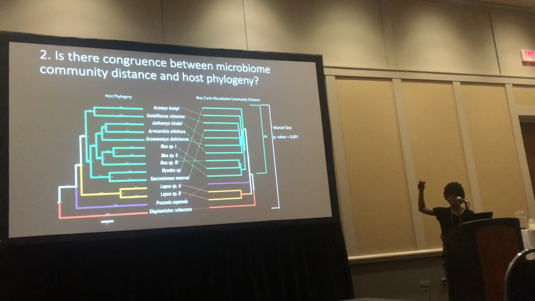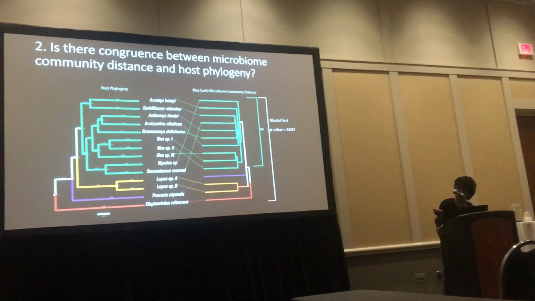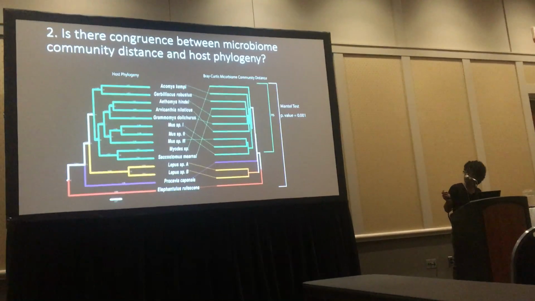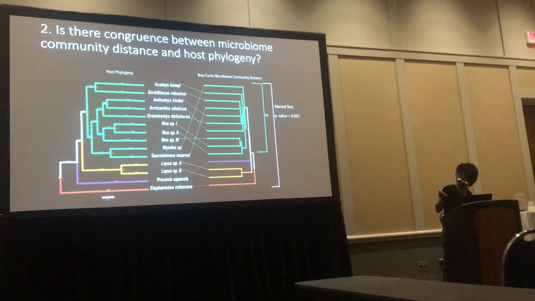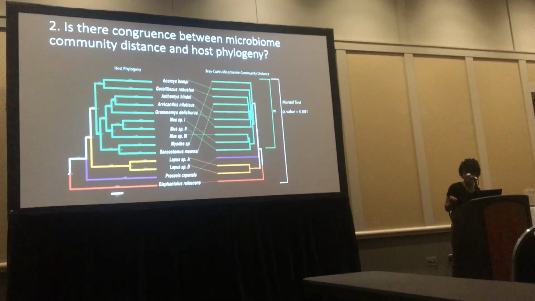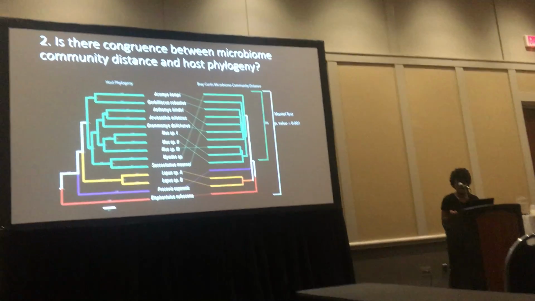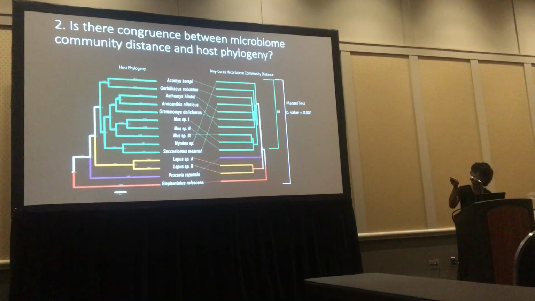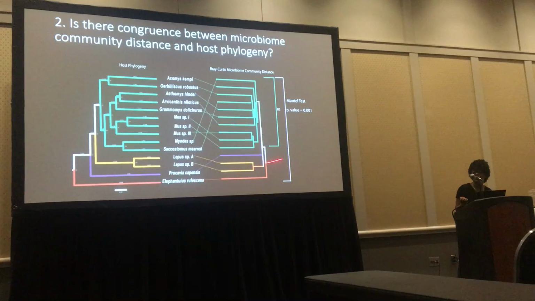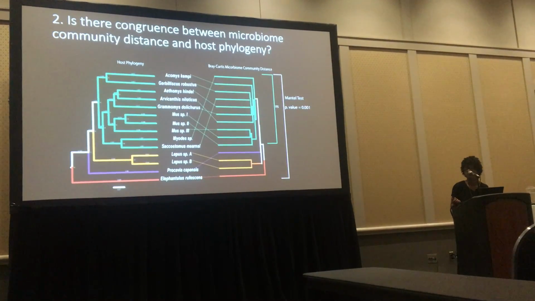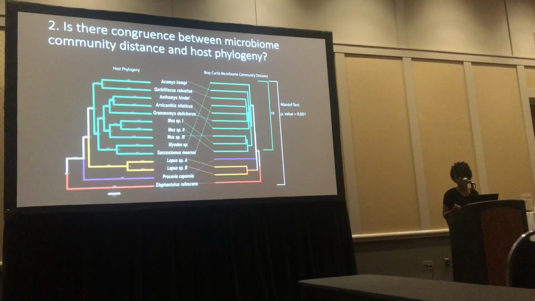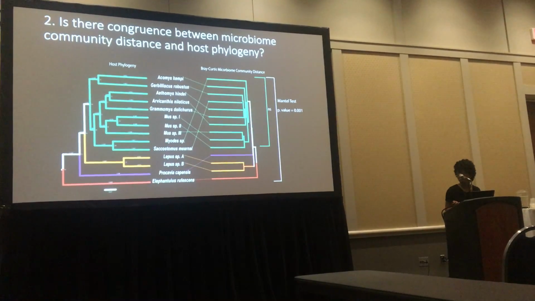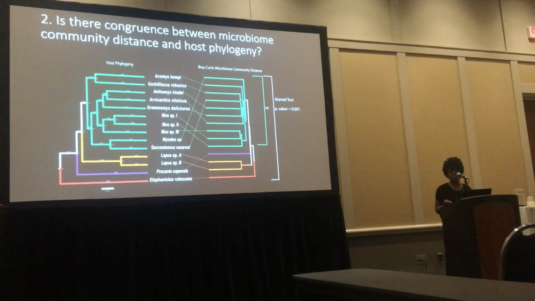On the right is the host phylogeny, and I'm using a cytochrome B tree, and on the left is the mean Bray-Curtis community distance. And using a Mantel test, which tests the correlation between both matrices, we see that across the entire community, we have some congruence between the host phylogeny and the microbiome community distance. However, within Rodentia, we have a lot of crisscrossing, and that congruent signal is lost.